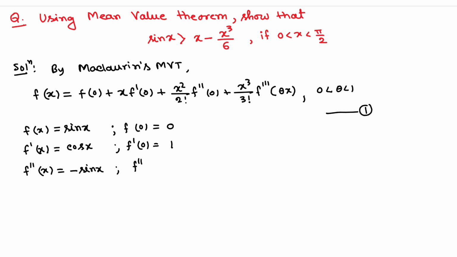So what will be f double dash 0? This is 0. And the last term, f triple dash x: derivative of sin x is cos x, so this will be minus cos x. So what will be f triple dash theta x? This equals minus cos of theta x.